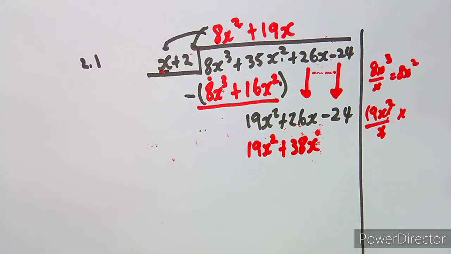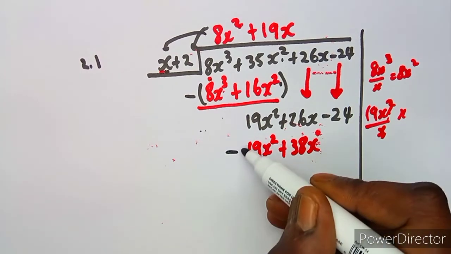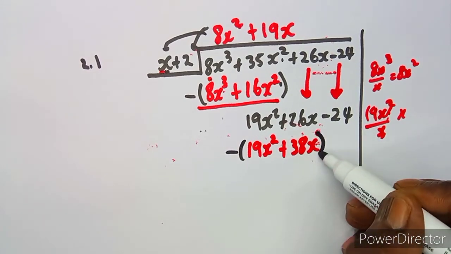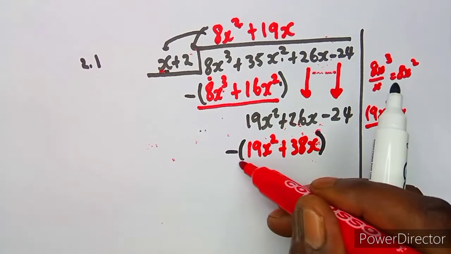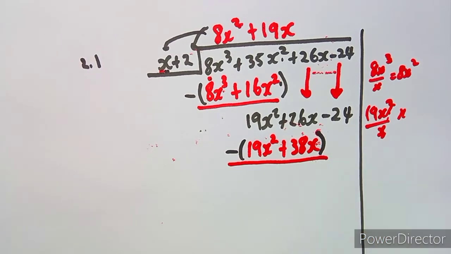All right, then still the same thing, guys, we have to subtract here. So let's subtract and see what we are going to have at the end. That's 19 minus 19 there. As we can see, that's going to give us a 0 there.